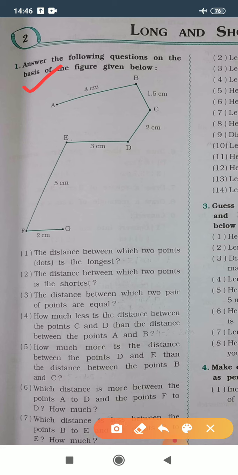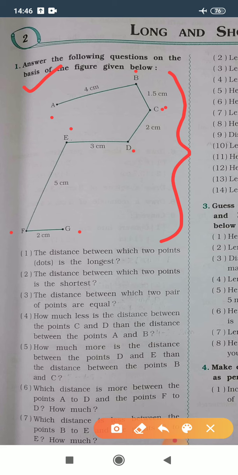Now you can observe one figure is given here. In that the points are A, B, C, D, E, F and G. And with the help of this diagram, some measurements or distances are given.